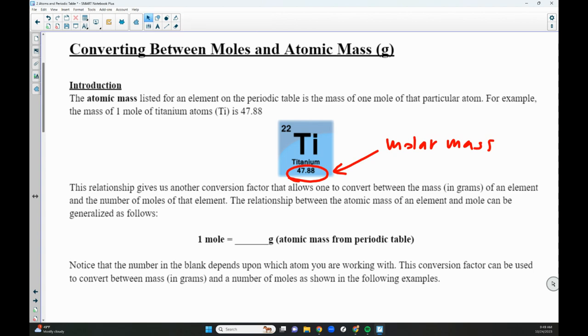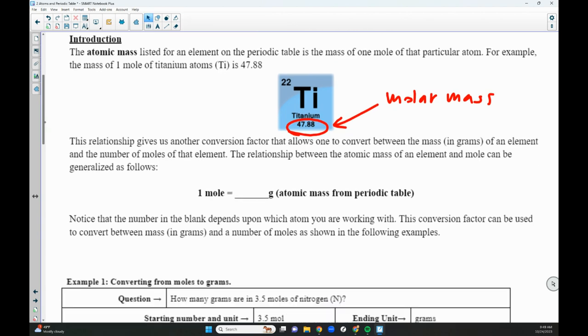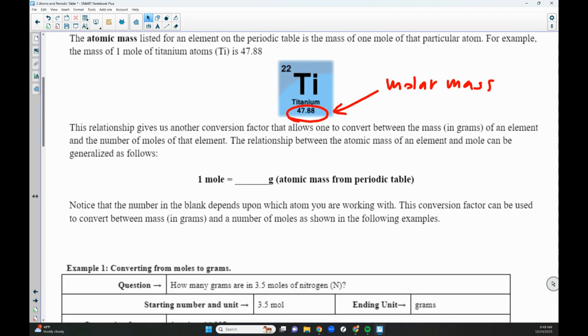All right? So that gives us another conversion factor if we scroll down here. So for example, with titanium, 1 mole has a mass of 47.88 grams. So we can use that as a conversion factor.